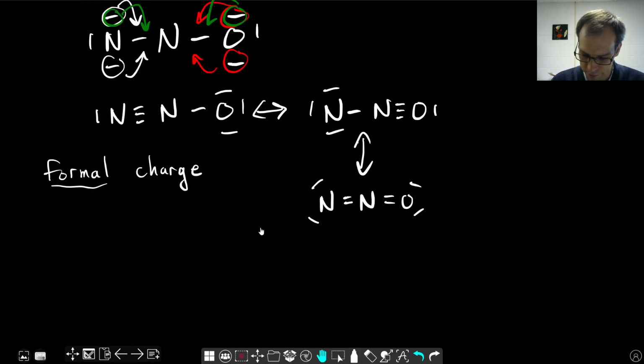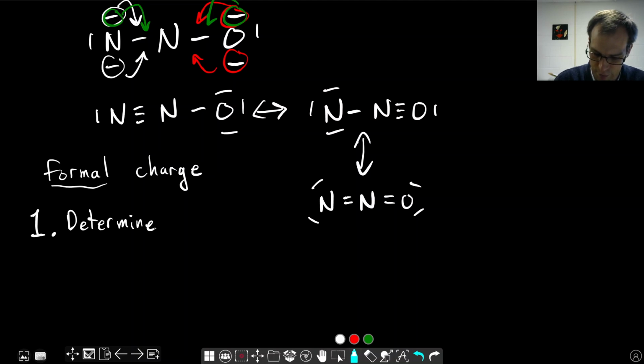So first, for each atom, we determine the number of valence electrons on that atom in the neutral atom, or I should say in the free atom, so before it's been bonded.